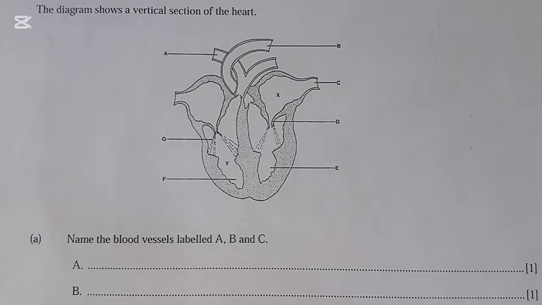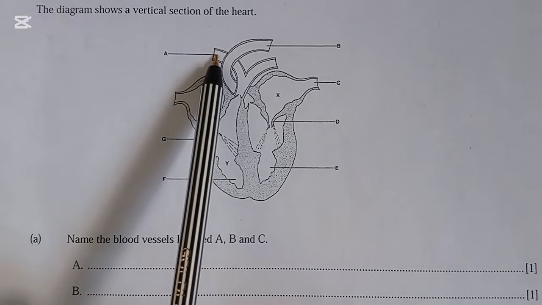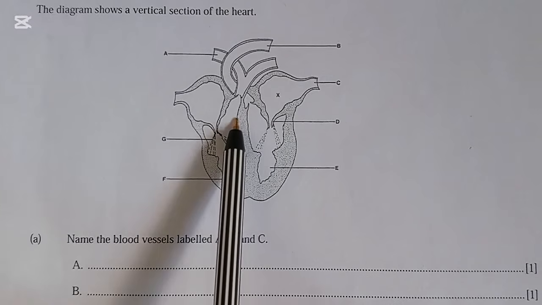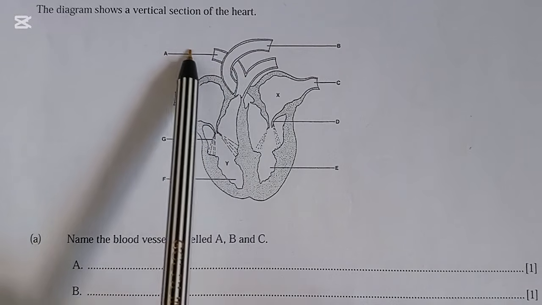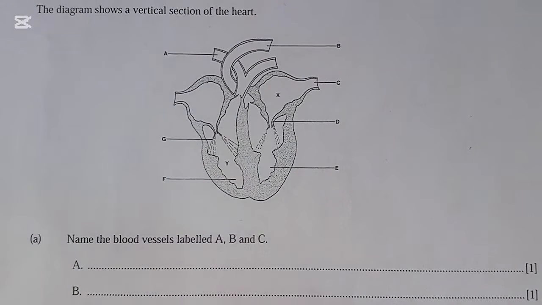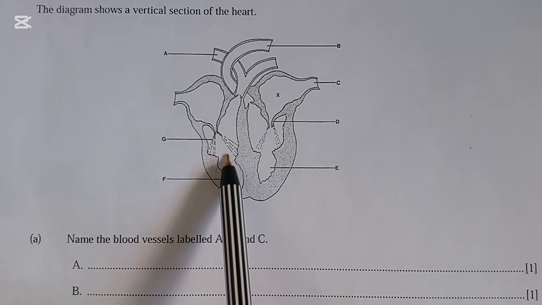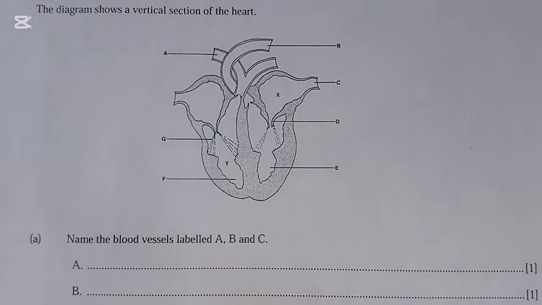So part A. This is the one that is taking blood away from the right part of the heart to the lungs. So A is the pulmonary artery. It is the blood vessel taking blood from the right ventricle to the lungs. So that is the pulmonary artery.